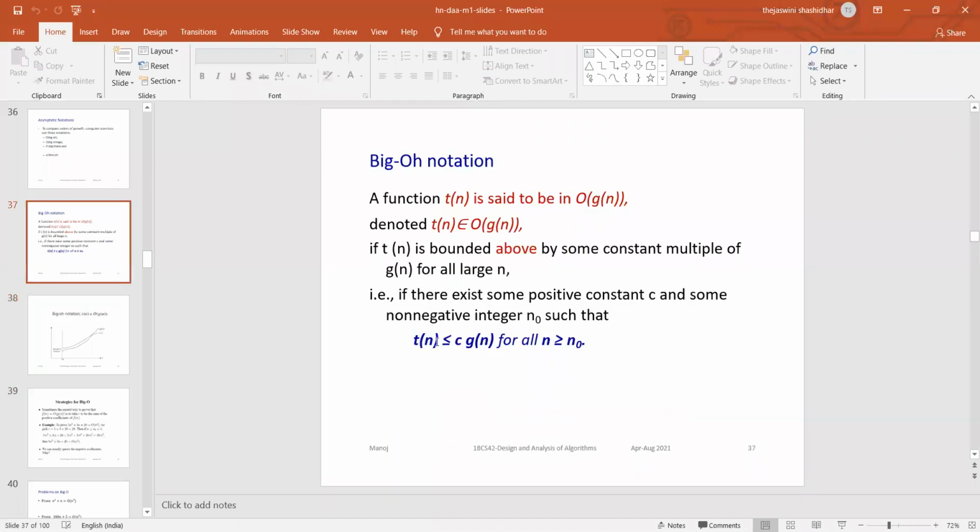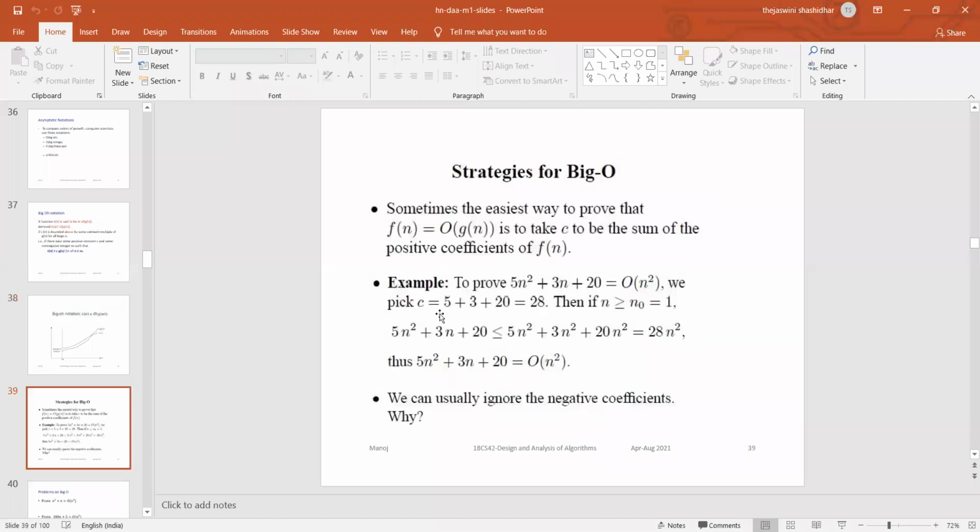Compare this here: T of n is less than or equal to C into G of n. So what is T of n here? T of n is 5n square plus 3n plus 20. This one is T of n and this one is G of n.